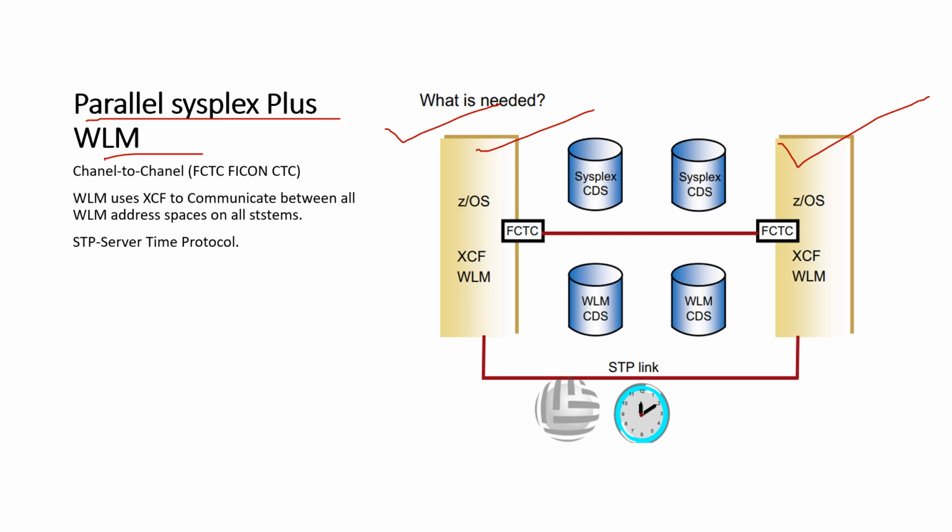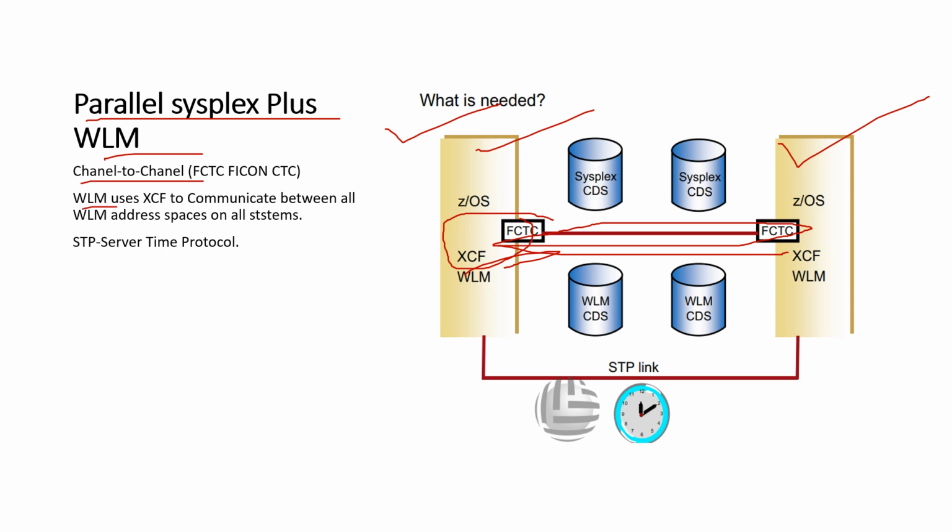For that, we need to understand what channel to channel is. FCTC is a connection that can be used to create a single path between all the systems in a Sysplex, and also this allows all components using the XCF protocol to exchange information Sysplex-wide.